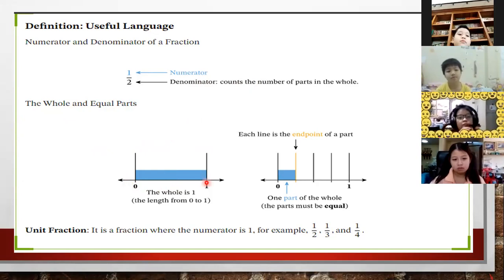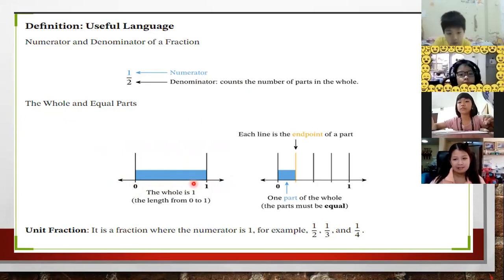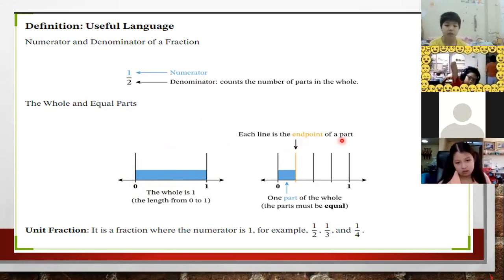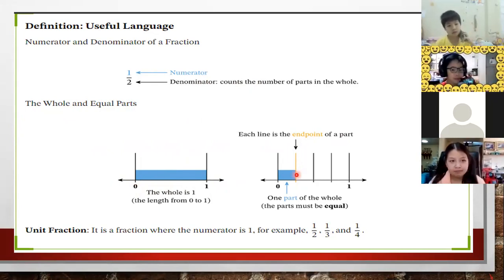This is a whole number from 0 to 1, the number line. And each line is the end point of a part.